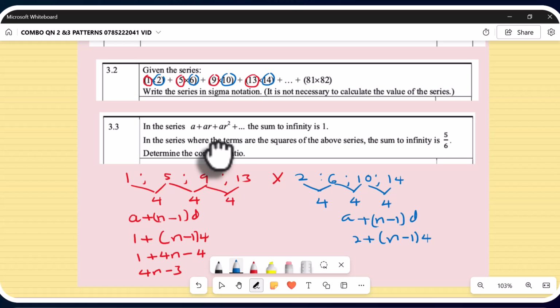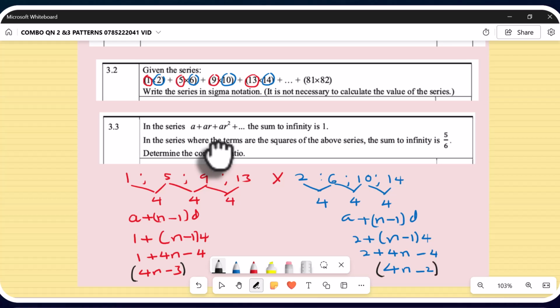So my sigma notation now is the summation from, okay, up to 21 of this product here, which says the 4n minus 3 multiplied by 4n minus 2. Hope guys we are together, okay? That's our answer here. Let us proceed.